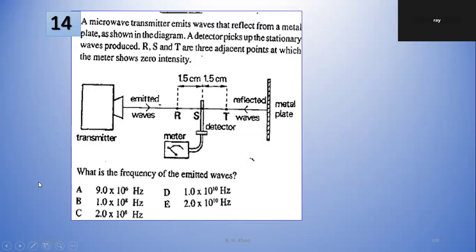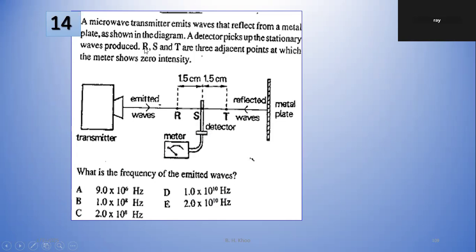Try this one, microwave. Even though I didn't teach you, there's an example. A microwave transmitter emits waves that reflect from a metal plate. There's a metal plate, there's a source, and a detector that picks up the standing wave.